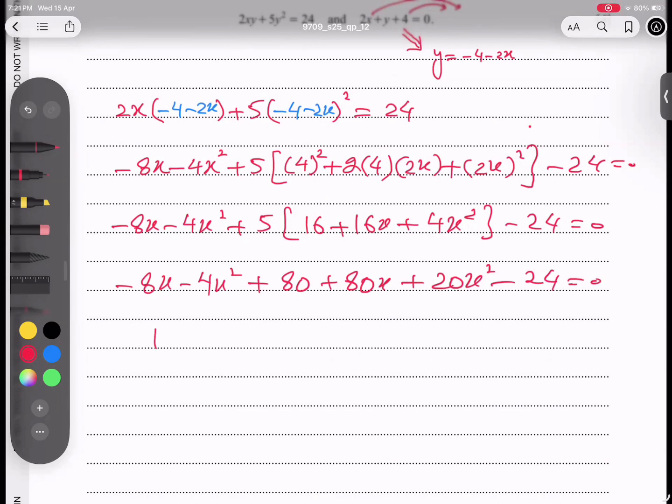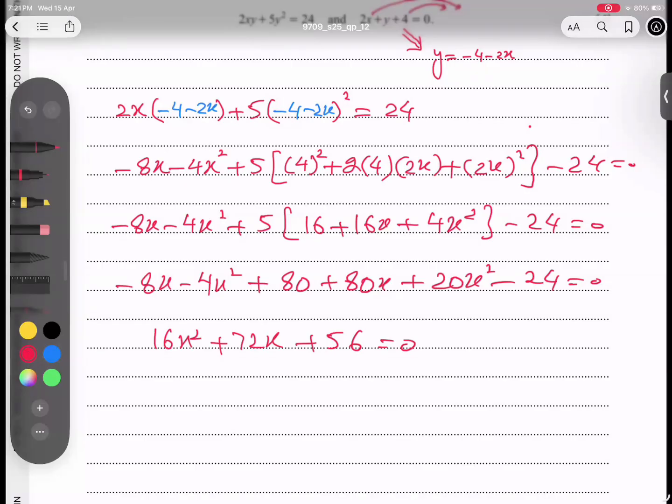So I'm getting 16x to power 2. How come? Positive 20 and -4. And then there are two x values, 80 and minus, so I got a plus 72x. And out of 80, if you subtract 24, you get 56, positive 56. So I think up till this point is very clear.